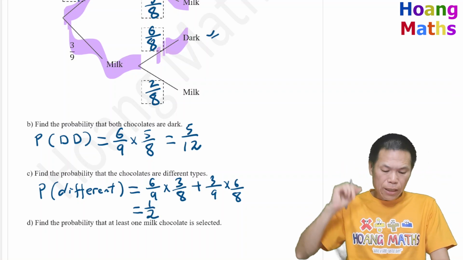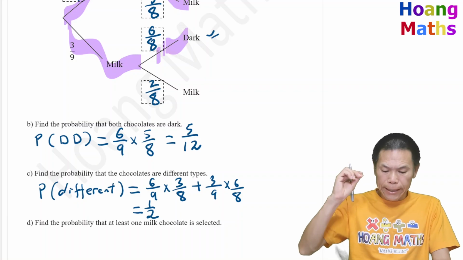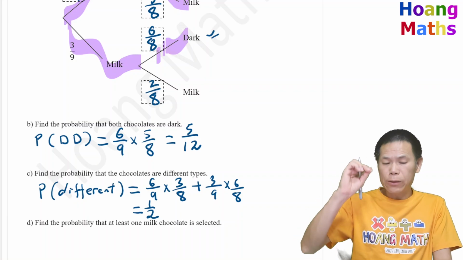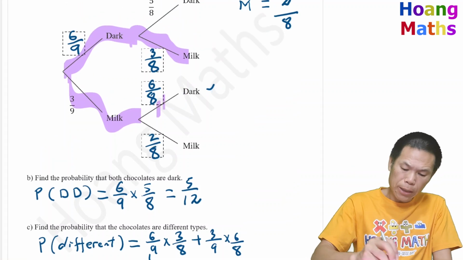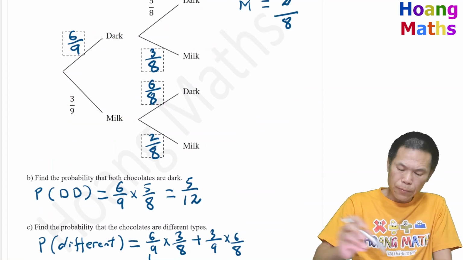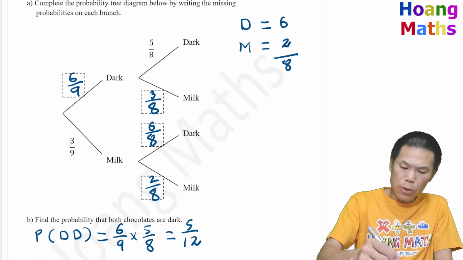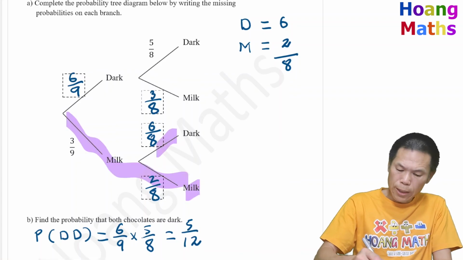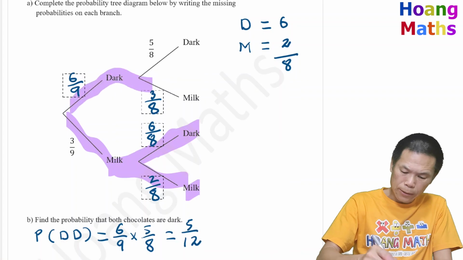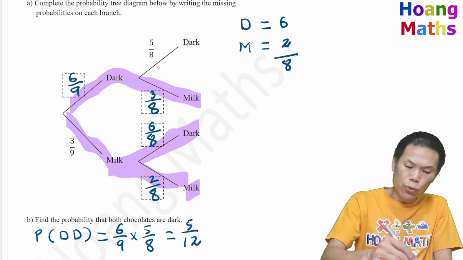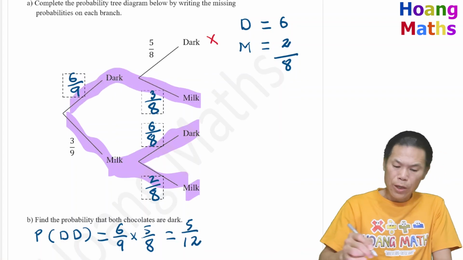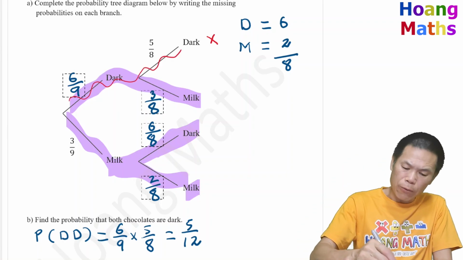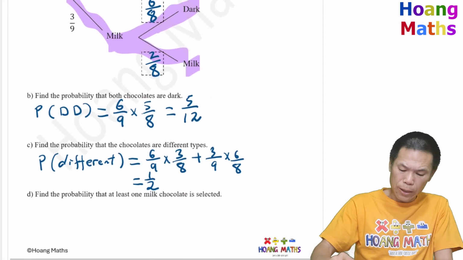Part D. Find the probability that at least one milk chocolate is selected. At least one milk chocolate means this or this or this. That means we do not want this one. So it's easier to just go 1 minus this branch out. Let me write this down.